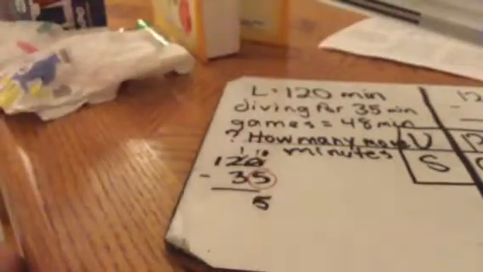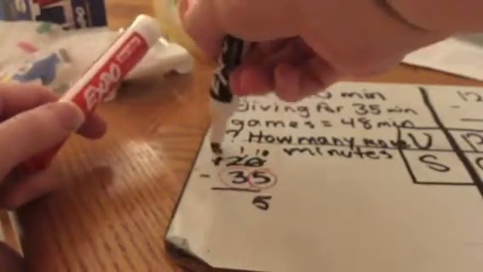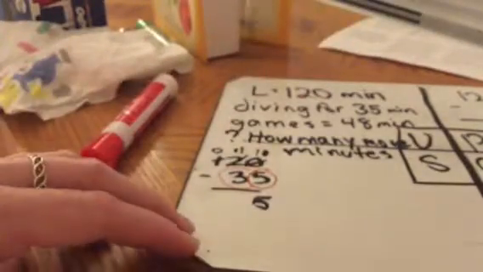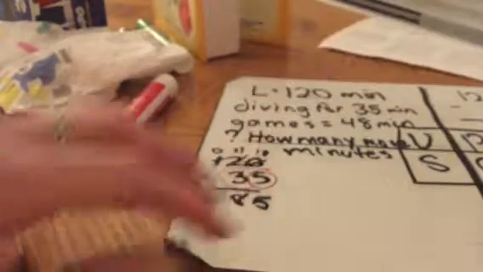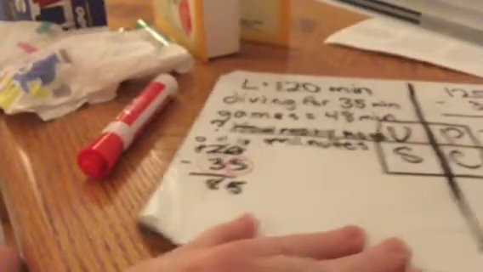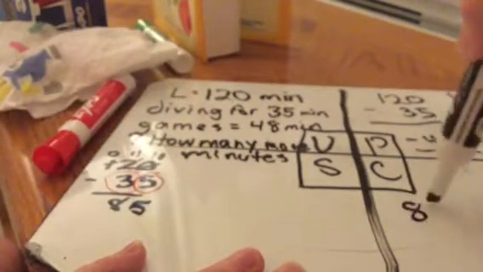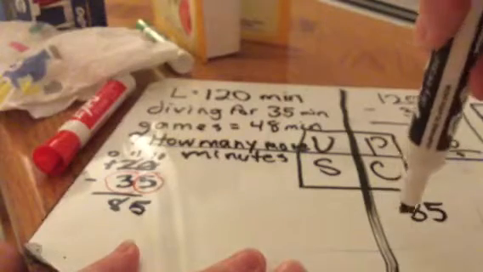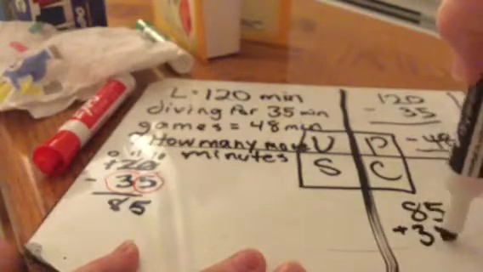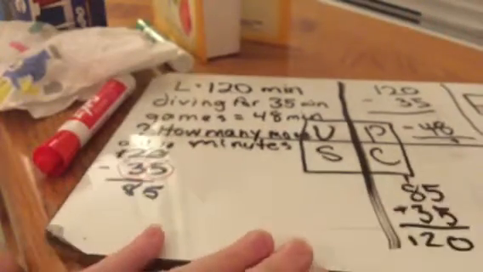I can't do 1 minus 3 because the bigger number is on the bottom, so I'm gonna go next door to borrow 10 more. 11 minus 3 is 8. Now I have to check that, because if I did that wrong, then step 2 certainly is going to be wrong. So I'm going to do 85 plus 35. 120. Okay, so that checks out.